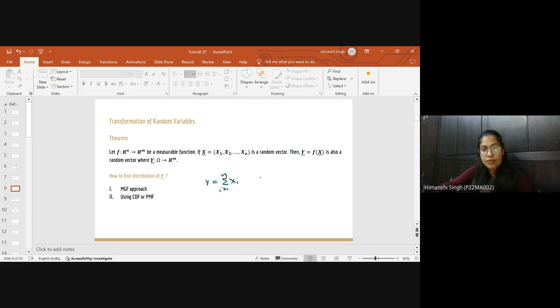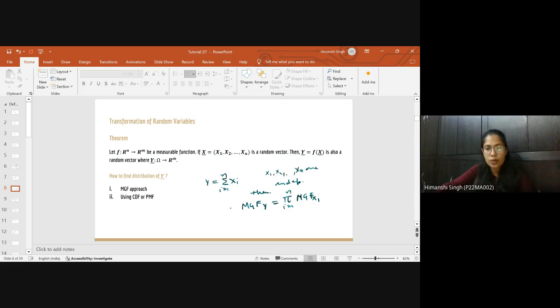Now we had a theorem that if x1, x2, ..., xn are independent, then the MGF of y is the product of the MGFs of xi, i going from 1 to n.